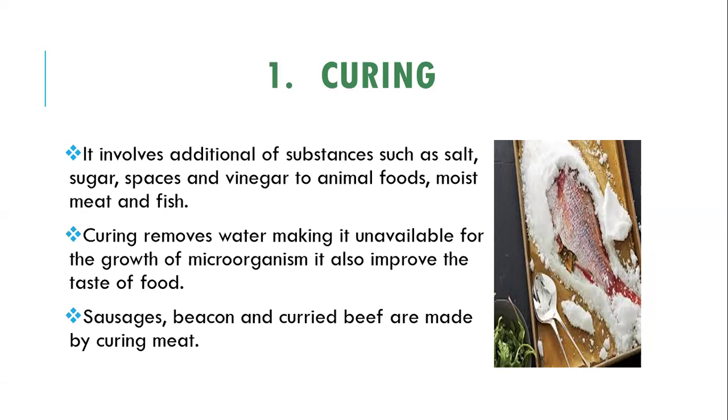Curing simply removes the water, making it unavailable for the growth of various microorganisms, and it also improves the taste or flavor of the food. Sausages, bacon, and cured beef are made by the process of curing meat. So this is the first traditional method, that is curing.